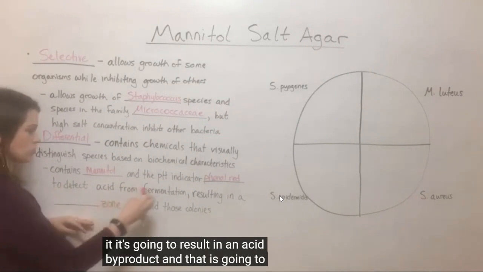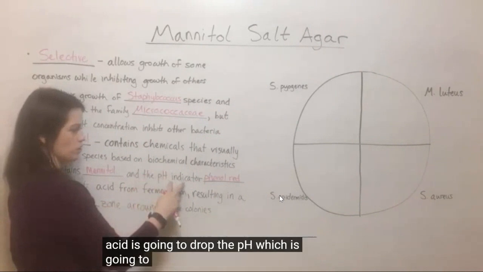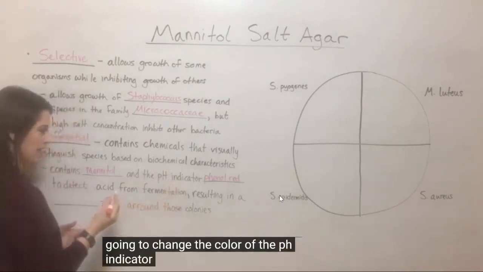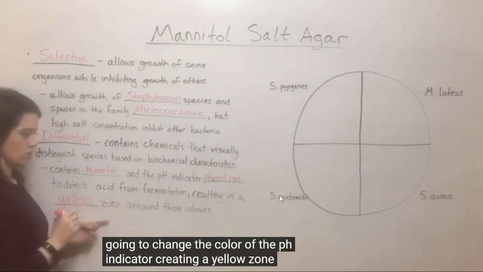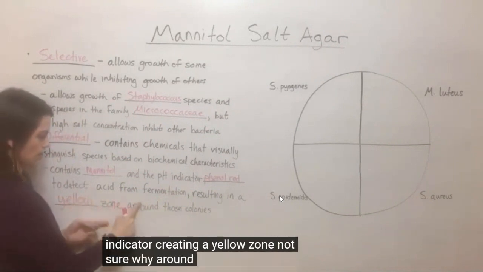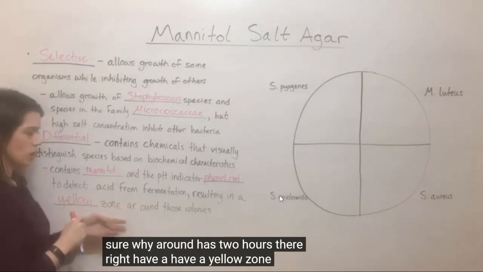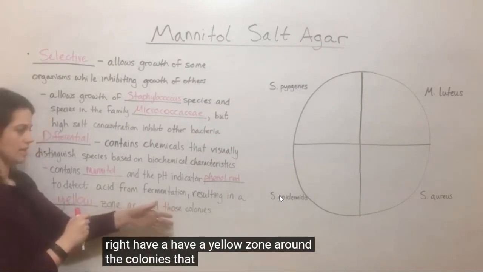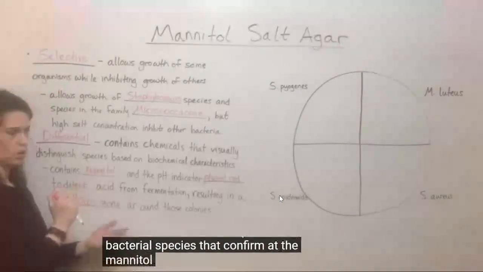And that acid is going to drop the pH, which is going to change the color of the pH indicator, creating a yellow zone. I'm not sure why around has two R's there. Right, have a yellow zone around the colonies that are composed of a bacterial species that can ferment the mannitol.